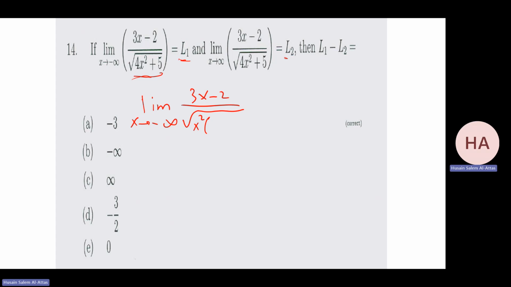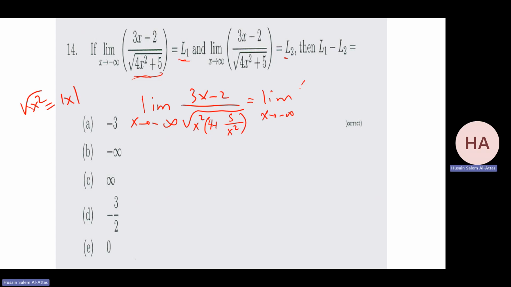It will be 4 plus 5 over x squared, which is the square root of x squared, as usual, the absolute value of x.